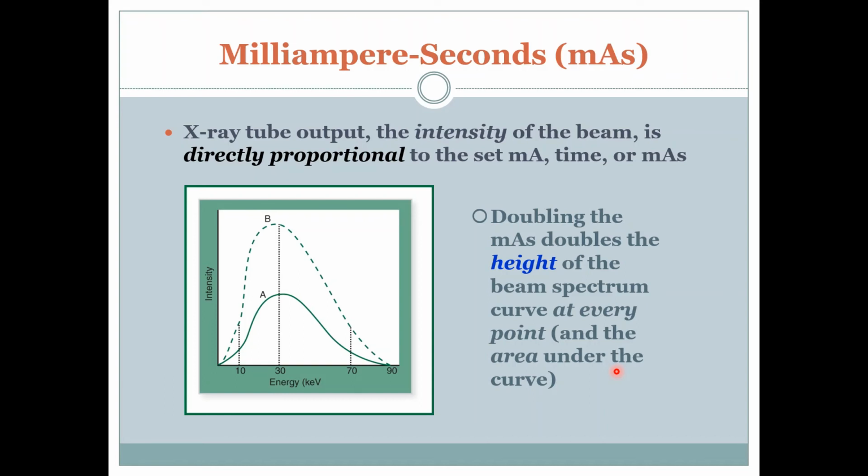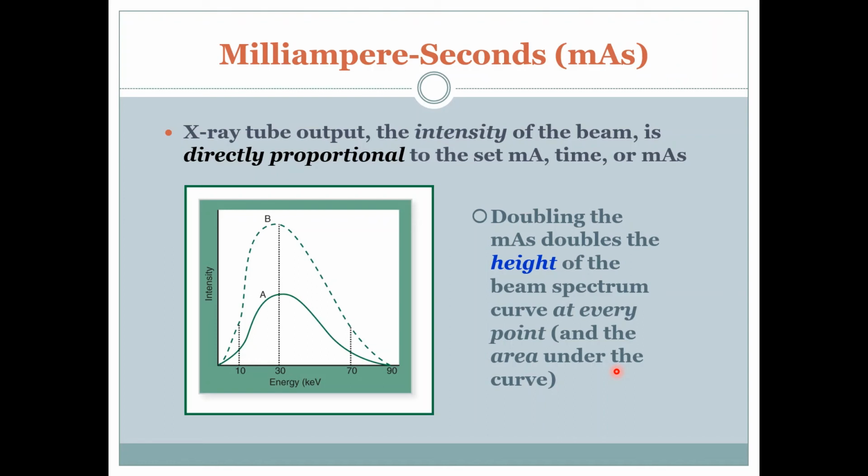The X-ray tube output, the intensity of the beam, is proportional to the set milliamperage, time, or mAs individually. Doubling mAs doubles intensity, doubling time doubles intensity, doubling of any of the three, or both together, doubles the intensity.